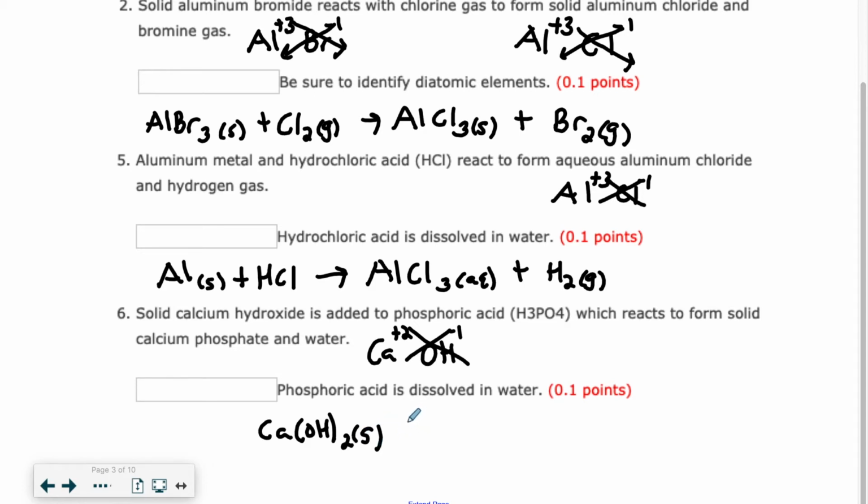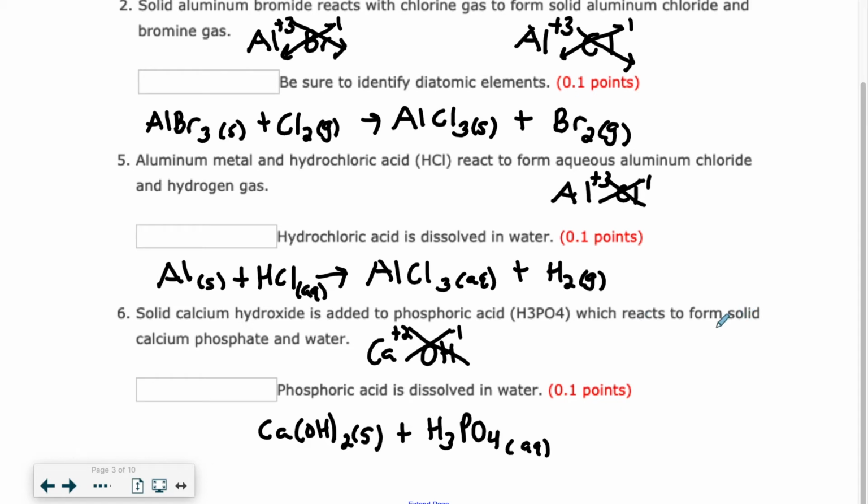It is added to phosphoric acid. Again, I haven't taught you how to name acids yet, so I'm just giving you the formula. So it's H3PO4. It says the phosphoric acid is dissolved in water. That means that it is AQ. And actually, I forgot that for up here in number 5, that hydrochloric acid was also dissolved in water, so that really should have an AQ for the phase of matter as well.